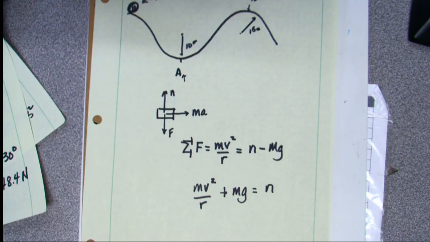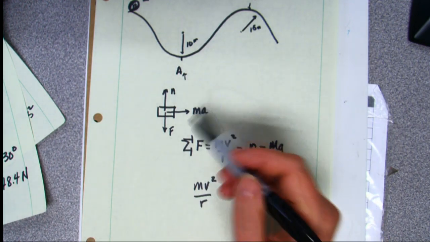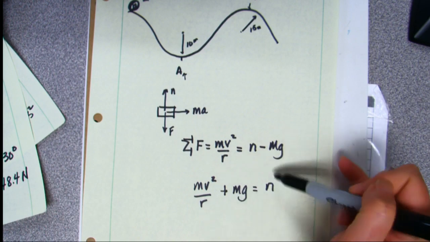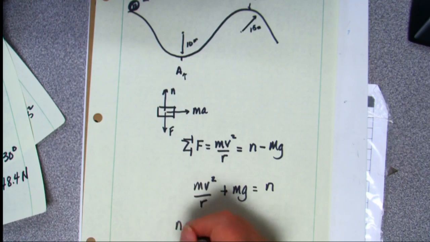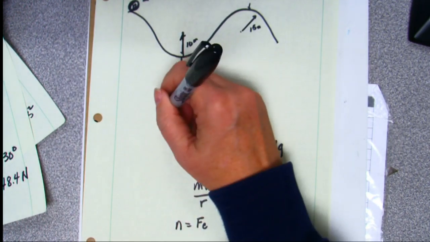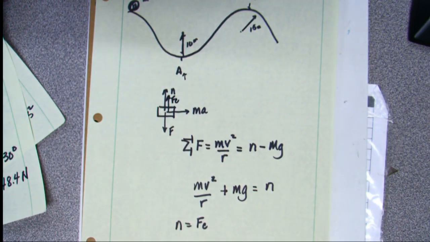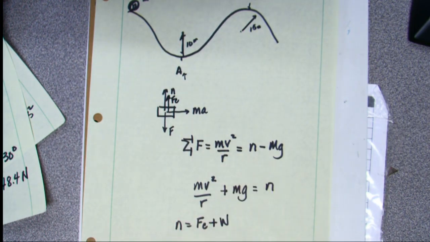We're summing up our forces here because I've got my mass times my acceleration. The normal force is equal to the centripetal force, because remember my centripetal force is center seeking, so I can add that in there, plus the weight of the vehicle.